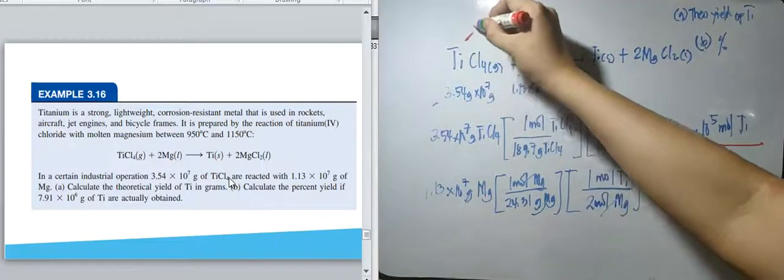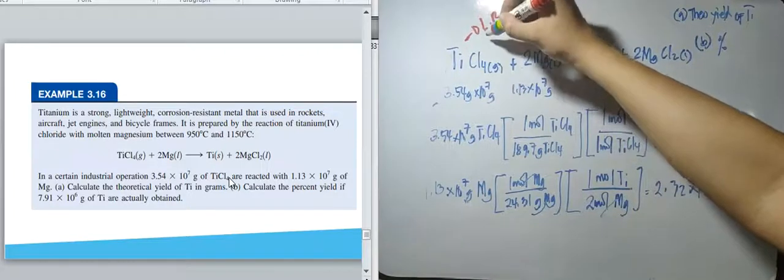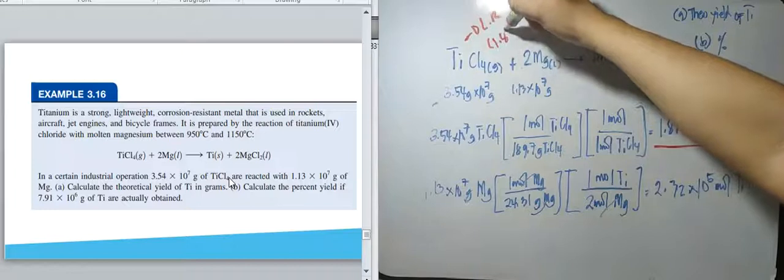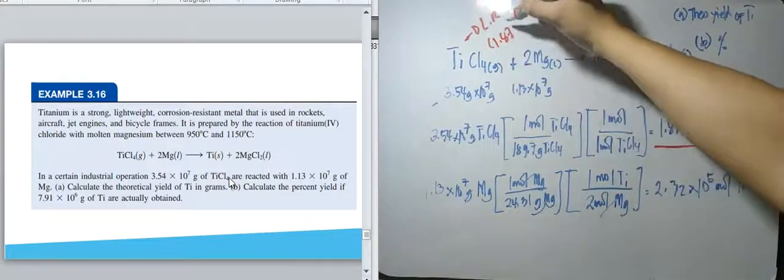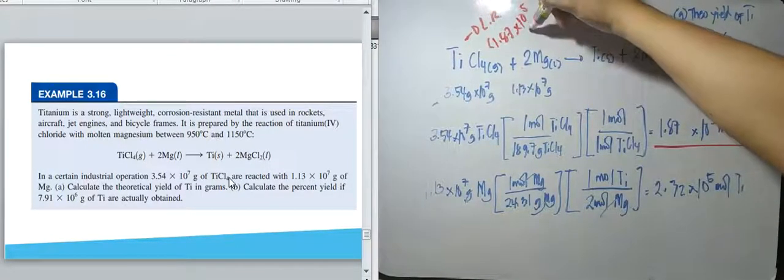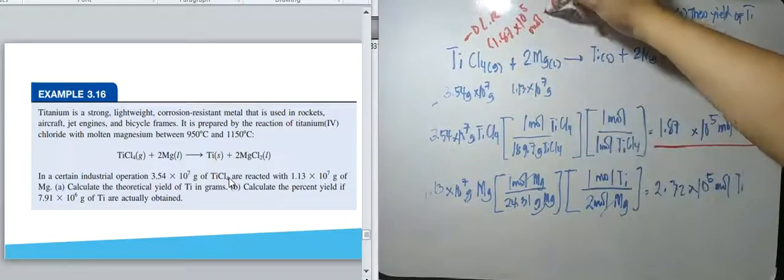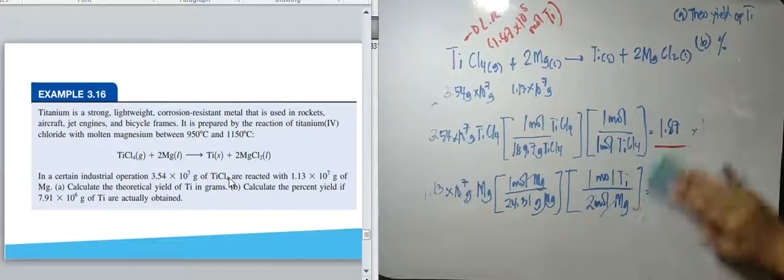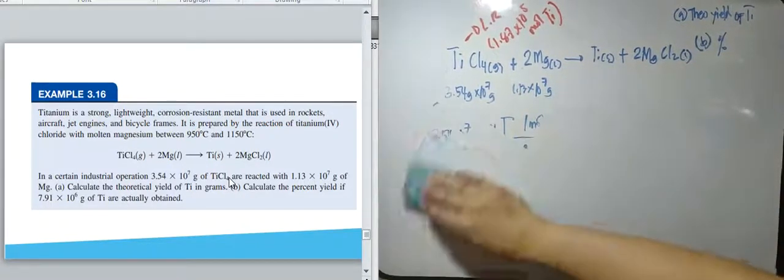This is our LR with 1.87 times 10 raised to 5 moles of titanium. Alright, so we will now be able to solve for the theoretical yield of titanium that is formed based on the equation.